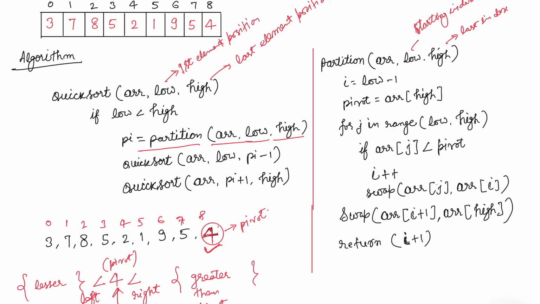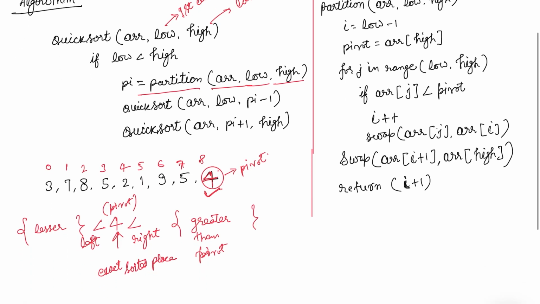So this partition function will place the pivot at its correct position. How will it place it at the correct position? Just see this algorithm, just this function. We can do it randomly here also, but this will be the correct way if we follow this function.